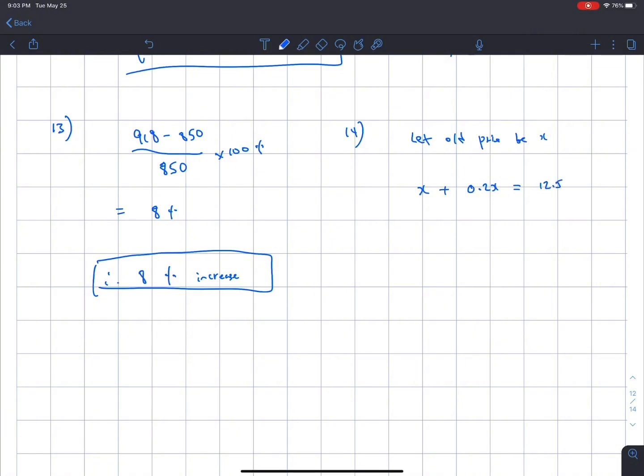So X plus 0.2X is just 1.2X. And now we can divide both sides by 1.2 to get X equals 10.42. So the old price was $10.42.